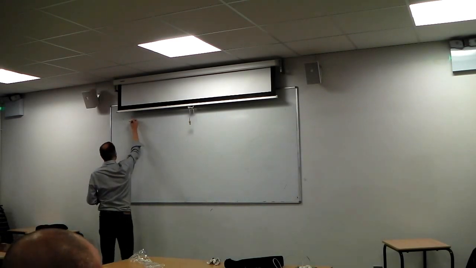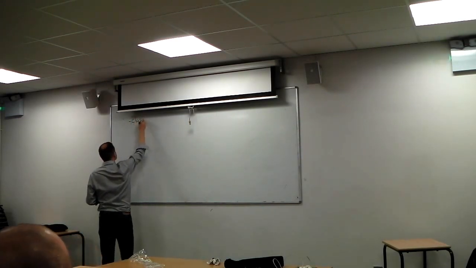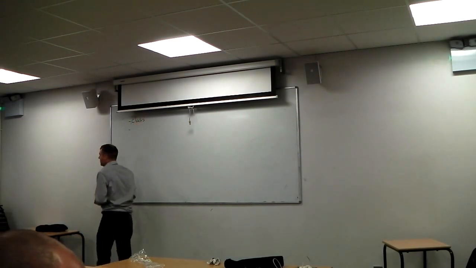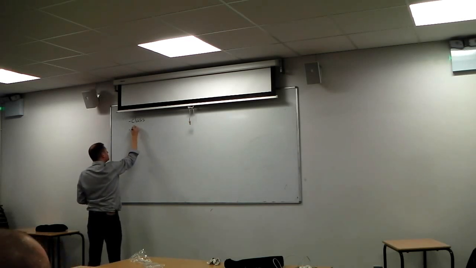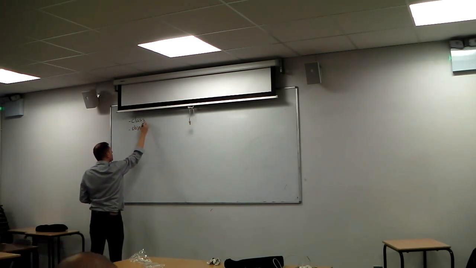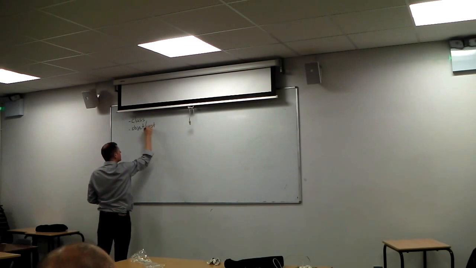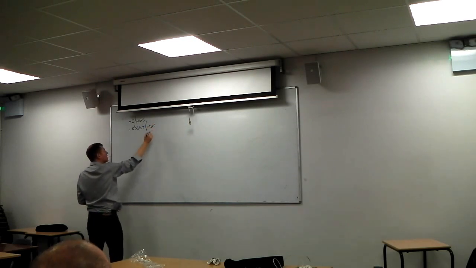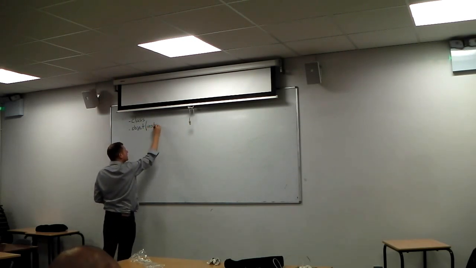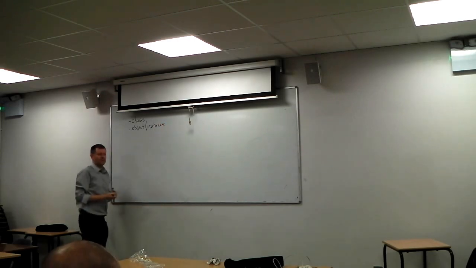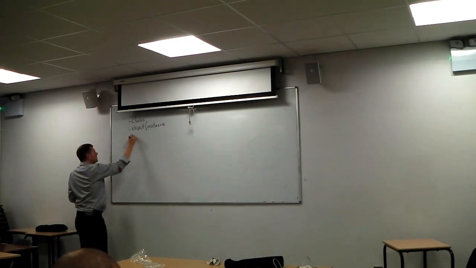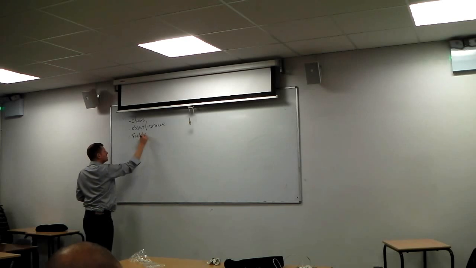The first thing we have is this idea of a class. Then we have a thing called an object. Another way of saying an object is an instance, I-N-S-T-A-N-C-E, an instance of a class. Then we have this idea of fields.